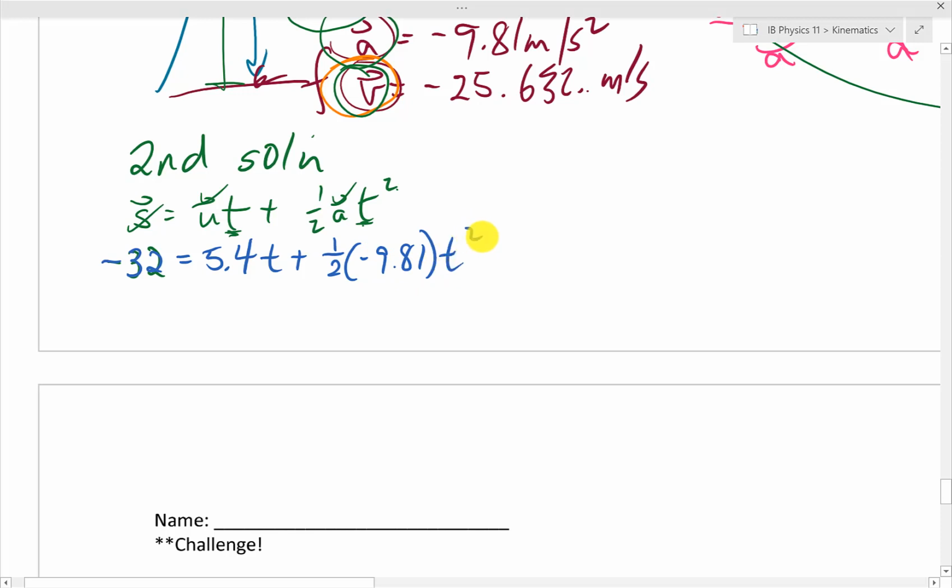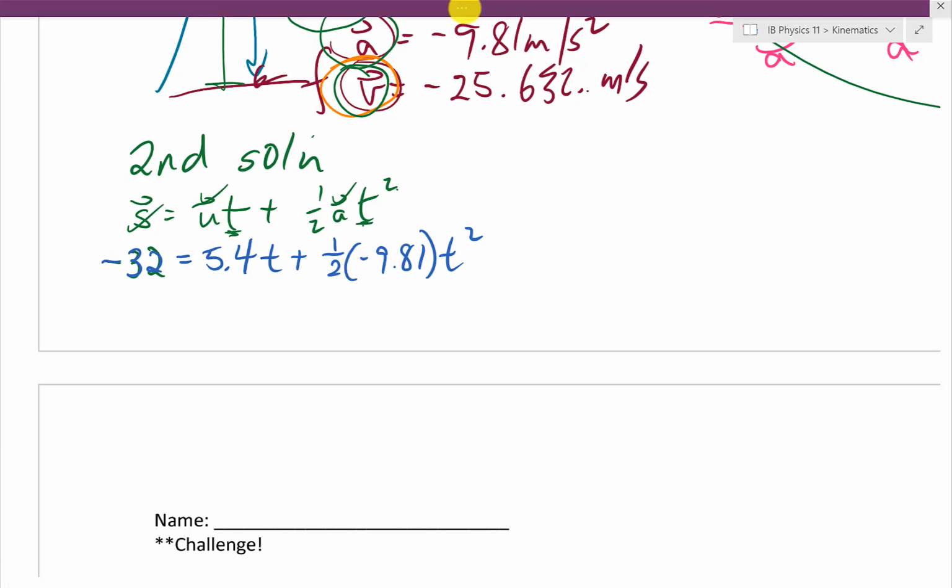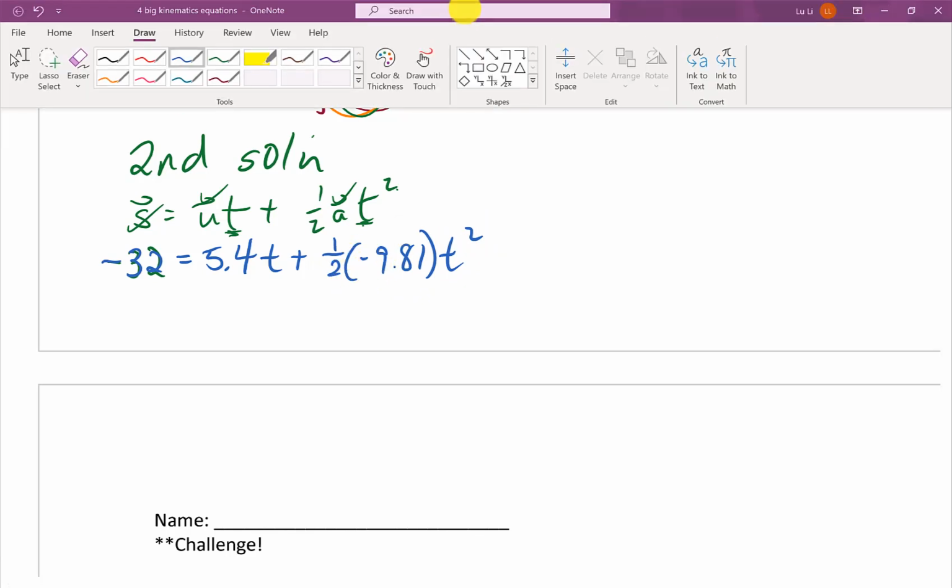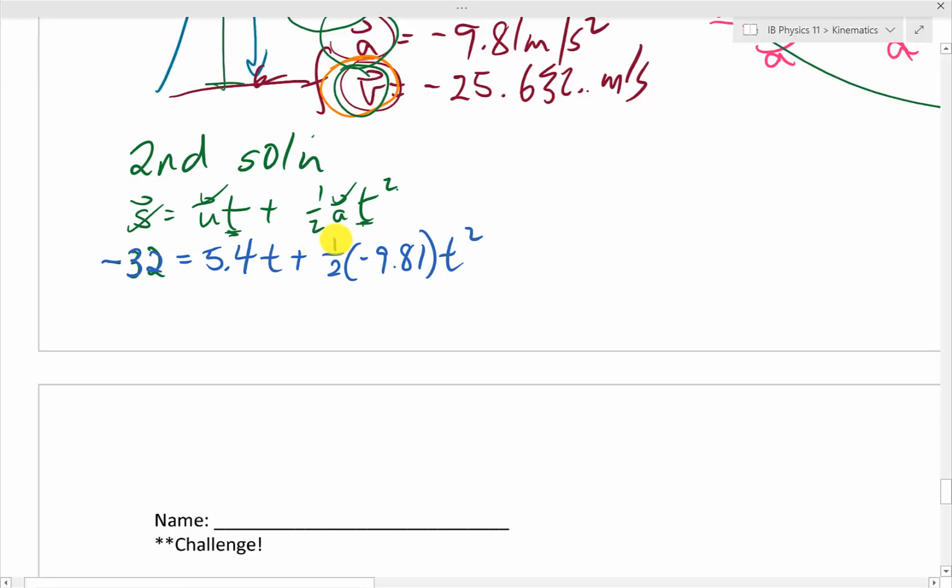So for a quadratic, we need to rearrange it so that everything is on one side of the equation. I actually prefer to have the term beside the t squared as a positive value. So I'm going to move that to the other side of the equation, and move everything on to one side, including this term over here.